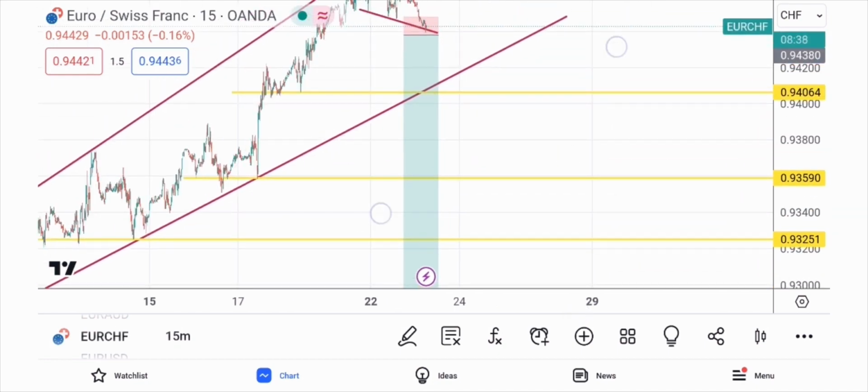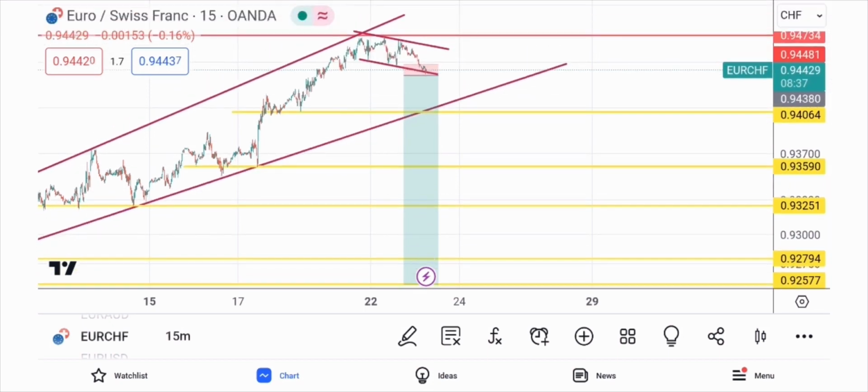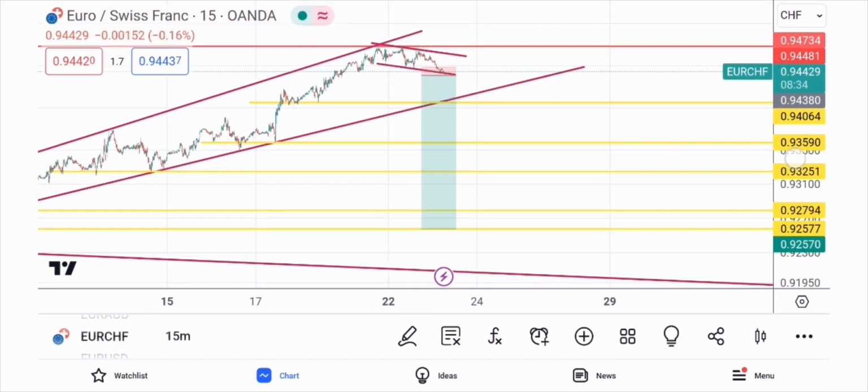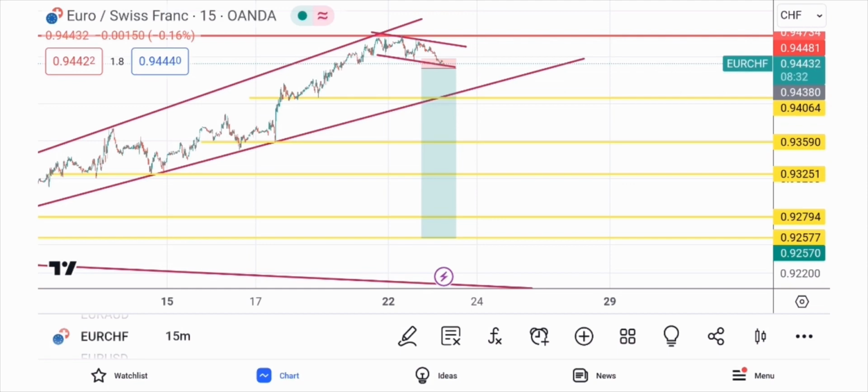So when you look at this, let me zoom out so that you can see clearly. You are expecting that when the market reaches our last zone, which is 0.92577, that's when we will stop trading the sell.